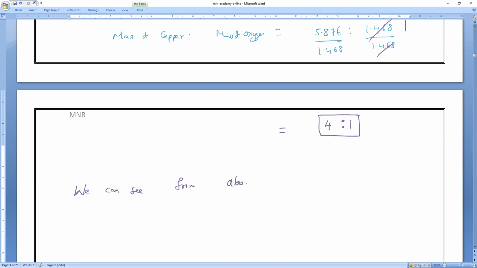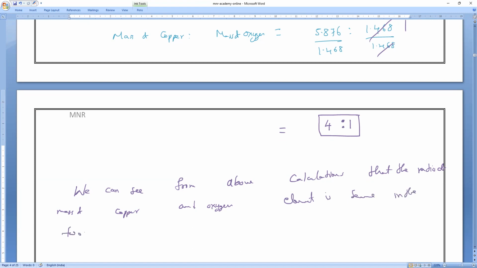Understanding? So we can see from the above calculations that the ratio of mass of copper and oxygen element is the same in the two samples.